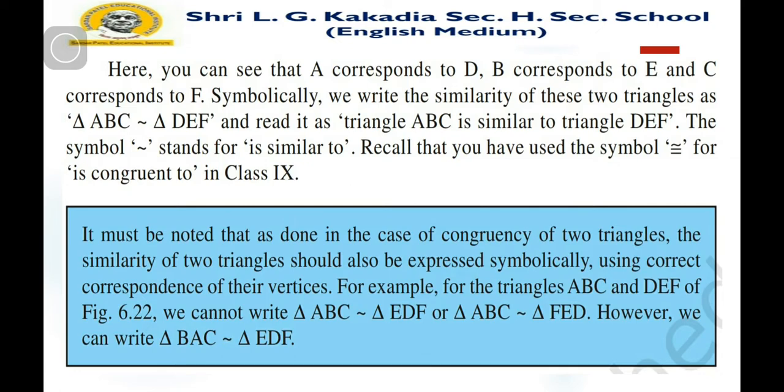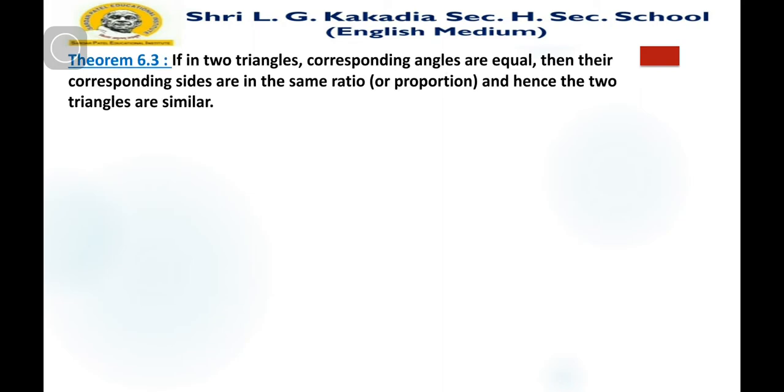So we remind ourselves of all these things. Now, theorem number 6.3 says that if in two triangles corresponding angles are equal, then their corresponding sides are in the same ratio, and hence the two triangles are similar.